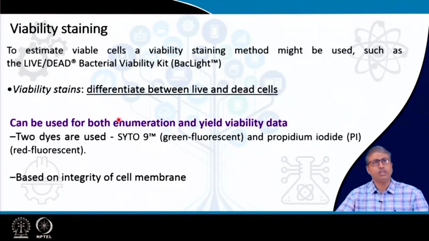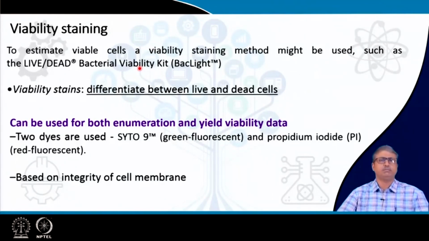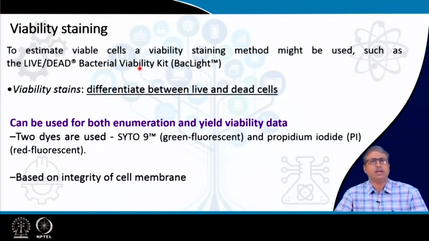But in order to have a count on how many cells are actually viable in a particular environmental sample, we need viability staining. Viability staining is basically made to estimate the viable cells using a set of very streamlined methods, particularly live-dead detection systems, some of which are proprietary in nature and some of which can be used in the laboratory itself because they are made of two dyes mixed together.